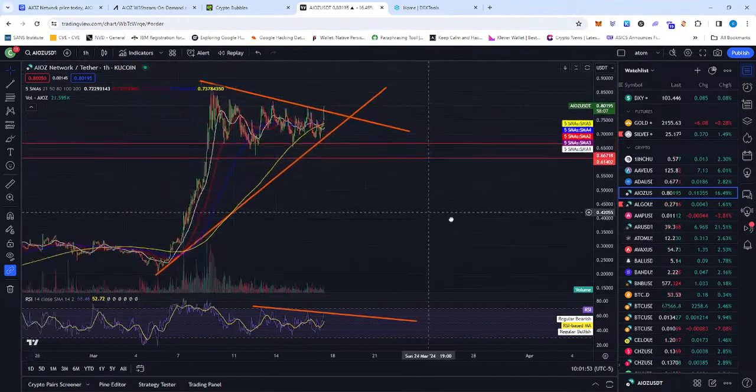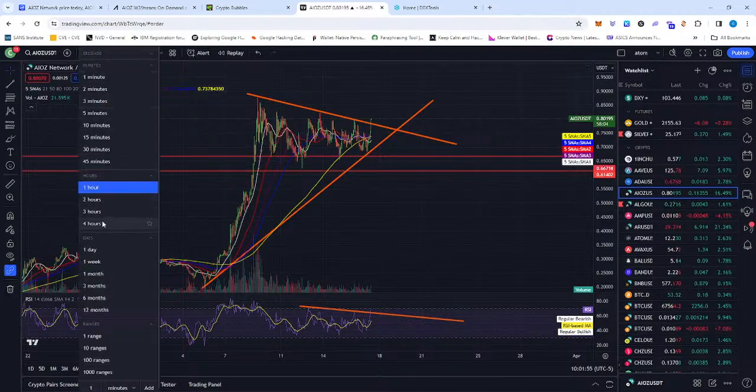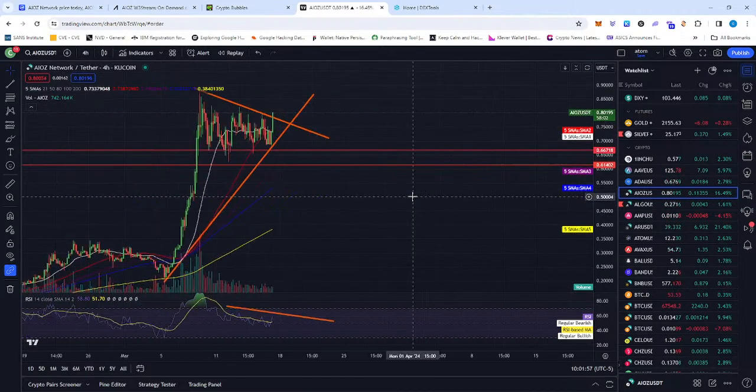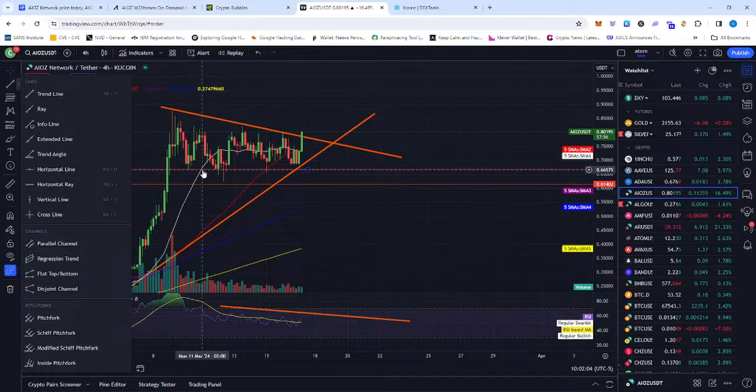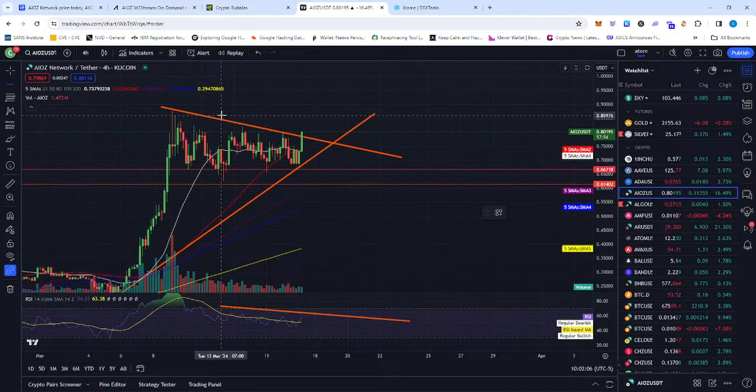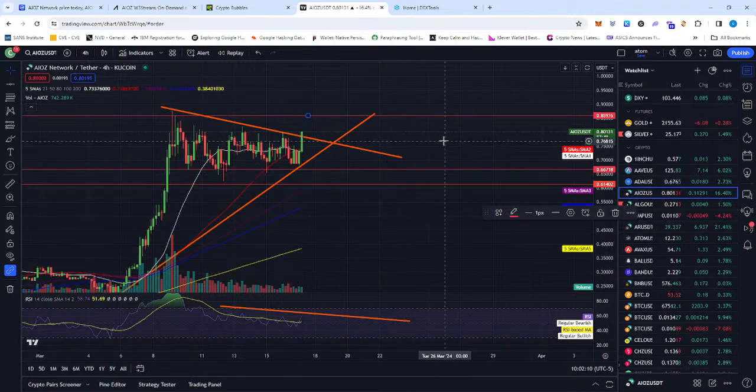And this is the hour time frame chart right here. As you can see, you got the breakout right there, and now it needs to break this level right here. If it breaks that level of 85 cents, it's going to run.